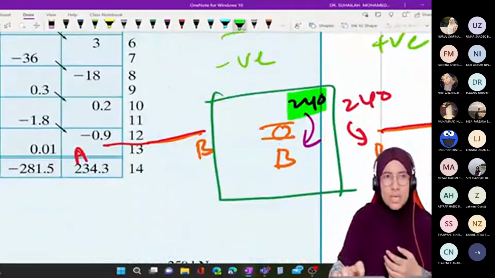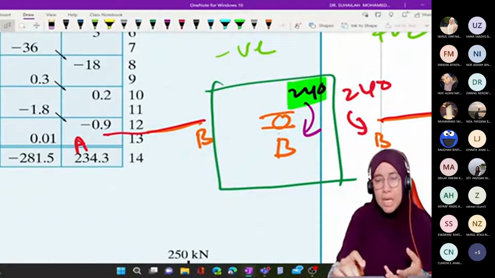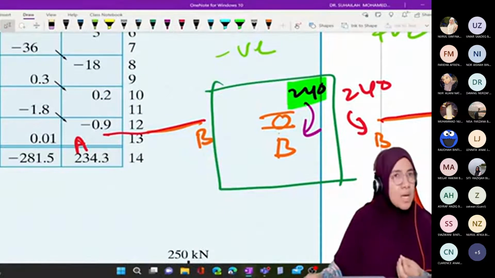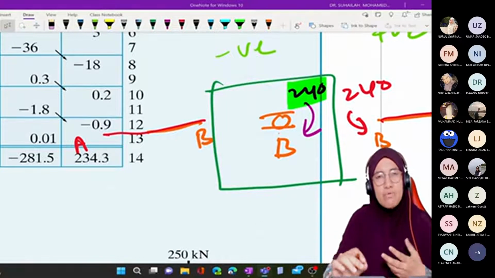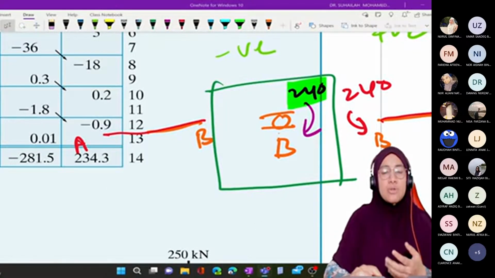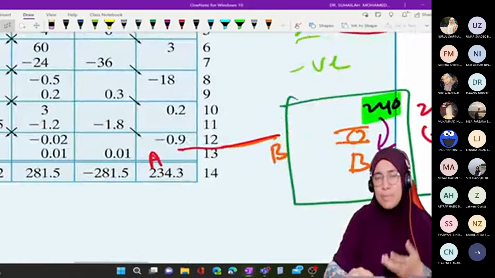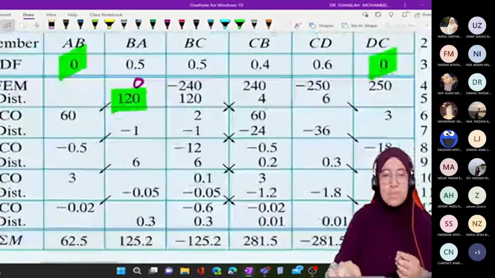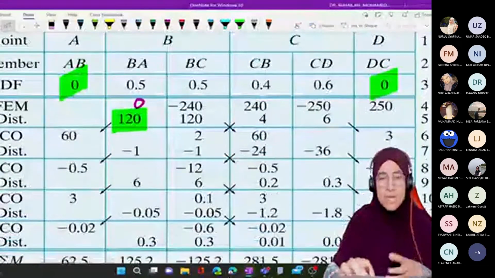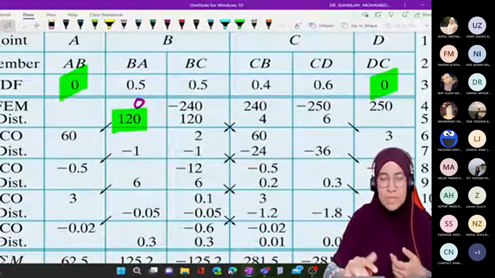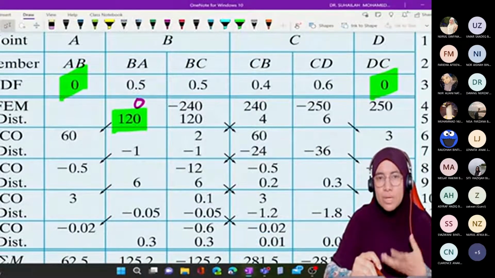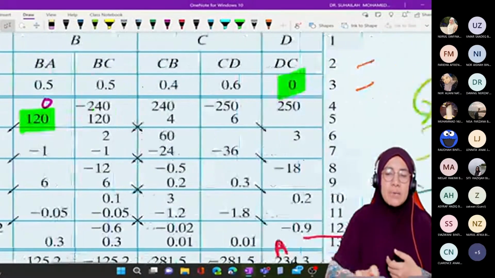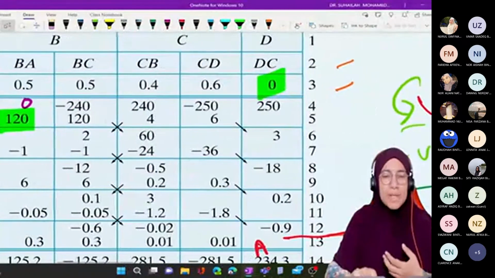So this 240 is what we distribute, which is opposite to the member end moment, and we multiply it by 0.5. That is why we get 120.